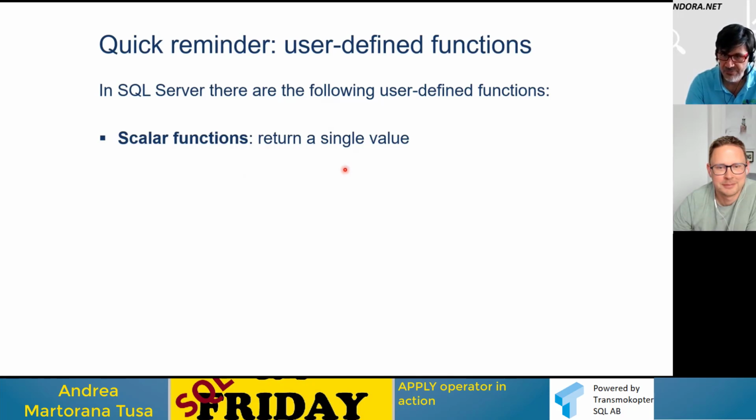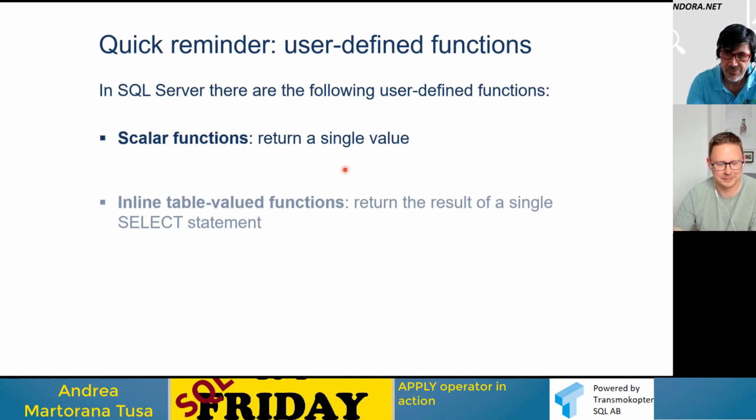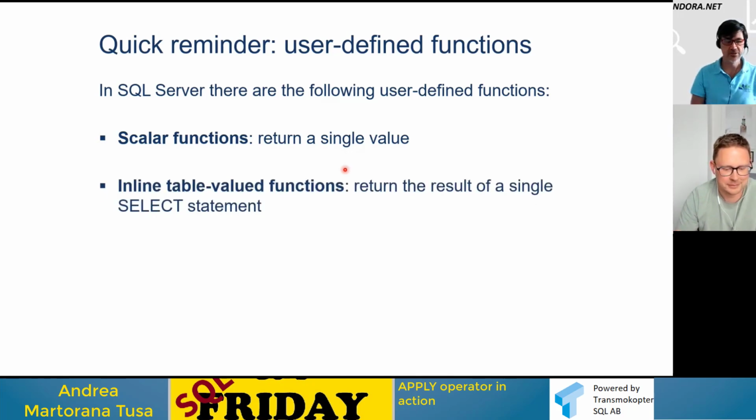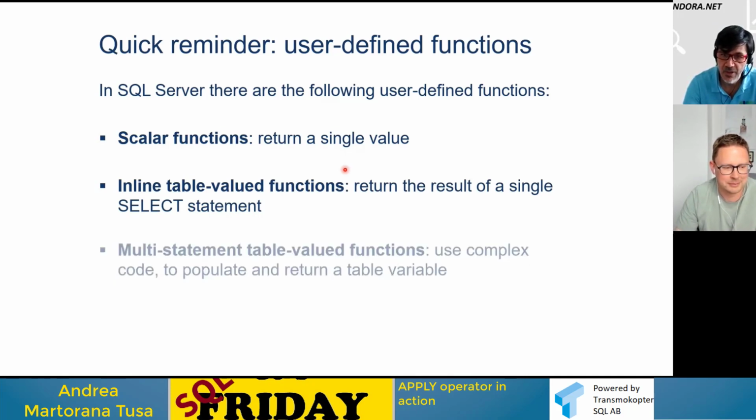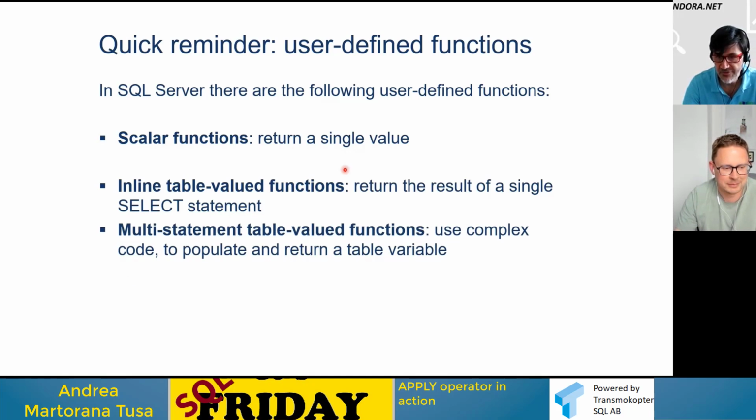Scalar functions that return just a single value. Then we have inline table-valued functions that return the result of a SQL statement. Multi-statement table-valued functions. In this case, you have as an output a table variable.